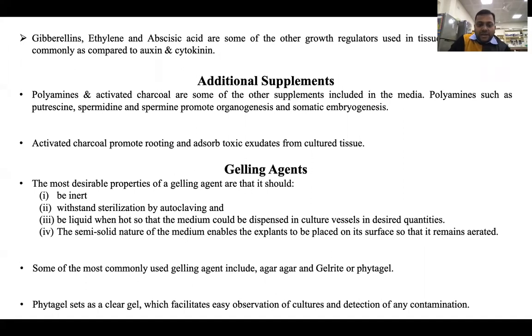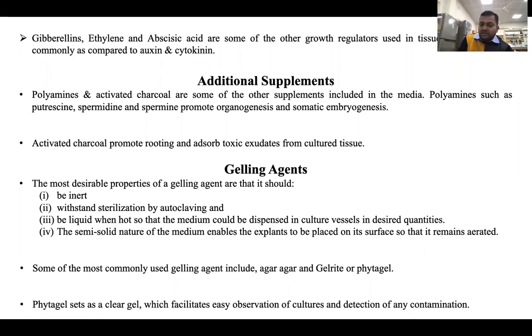So these are the major properties of a gelling agent. And agar is one of the most commonly used gelling agents. But when we move on to slightly advanced stages of tissue culture, rather than using agar, we use Gelrite or Phytogel. This is also similar to agar.